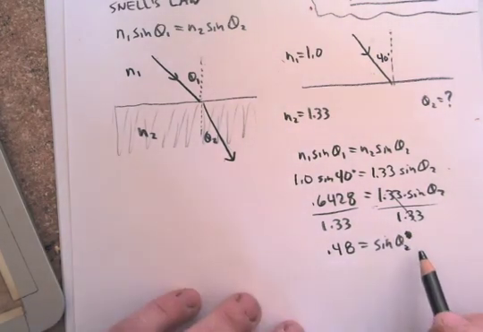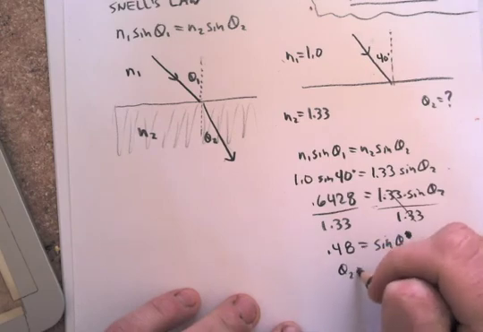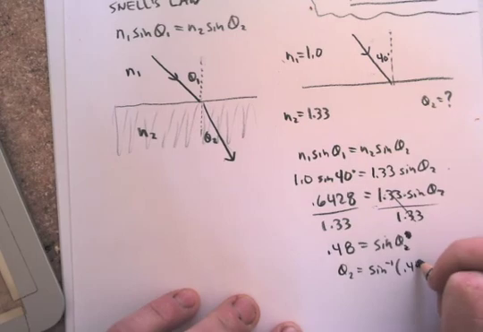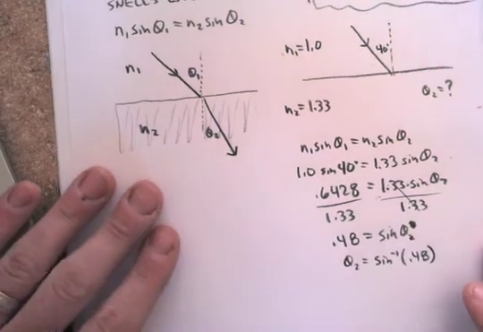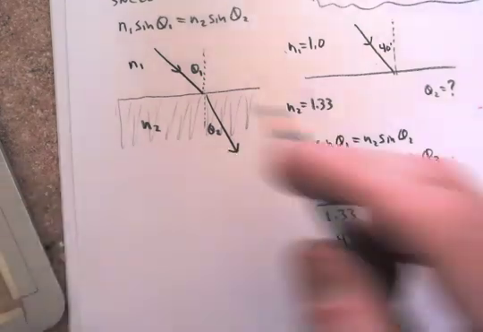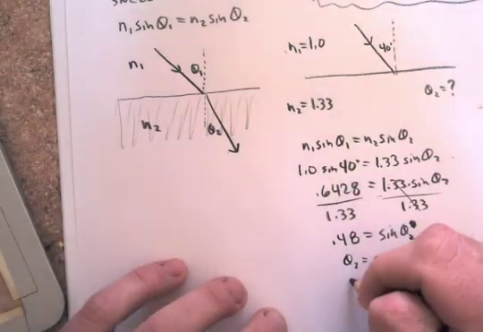So inverse sine, if you remember, is how you solve this. I have to do an inverse sine on 0.48. Again, you're going to have to find on your calculator how to do an inverse sine. I think I just hit second, sine to the minus 1. So I'm getting 28.7 degrees.